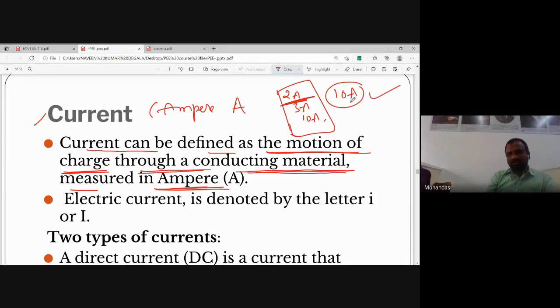Here A is for ampere, the current is measured in ampere. It is denoted by a letter small i or capital I. I will tell the difference between small i and capital I later. The symbolic letter representation is I for current. Okay, units are amperes.